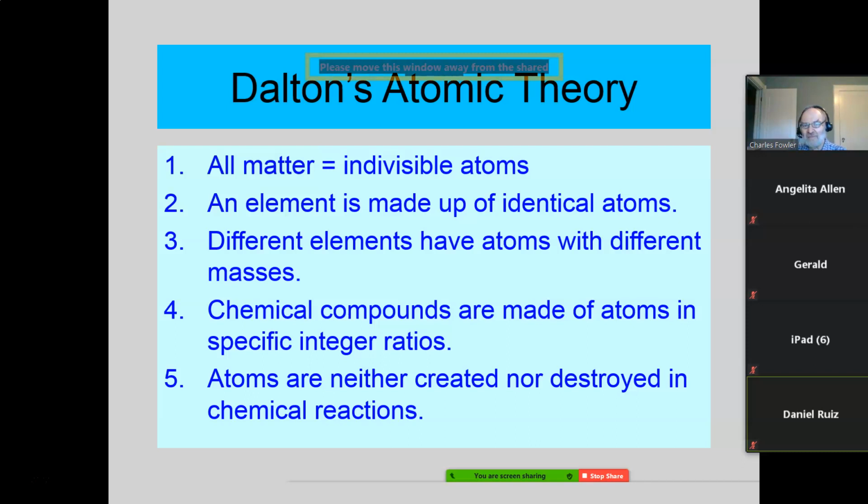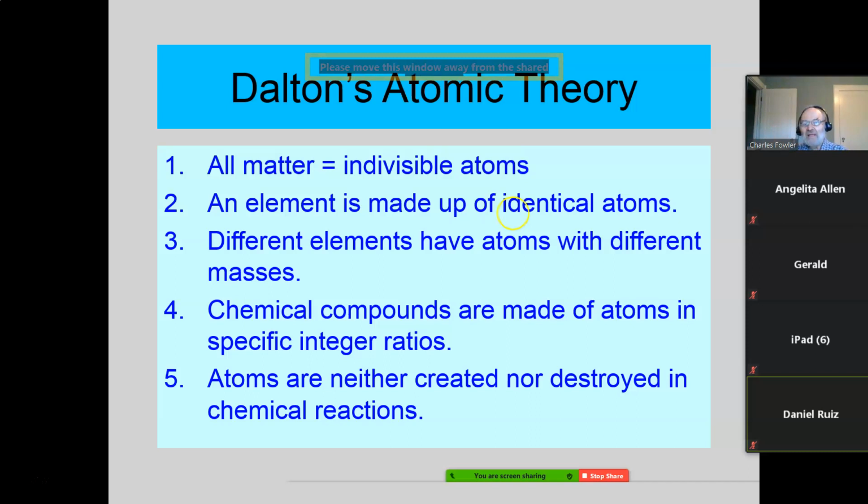And here's the concept in Dalton's atomic theory. All elements, if you have an element like iron or copper or beryllium or anything like that, it's made up of identical atoms. All the atoms in that are the same atoms.